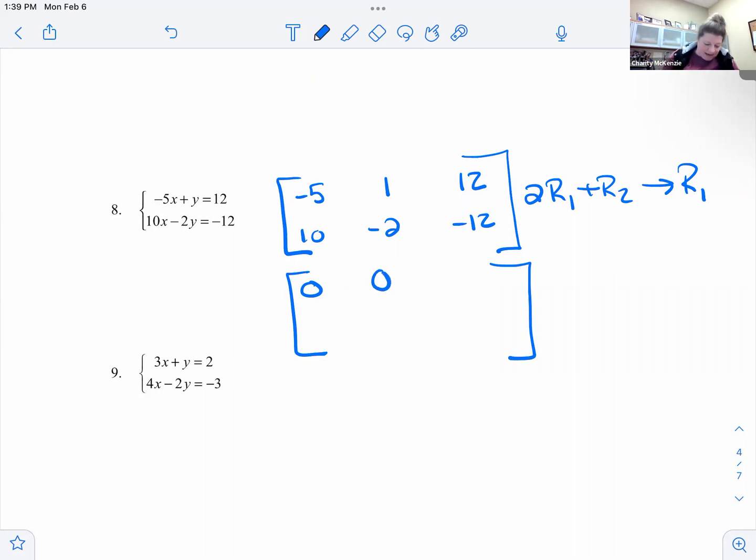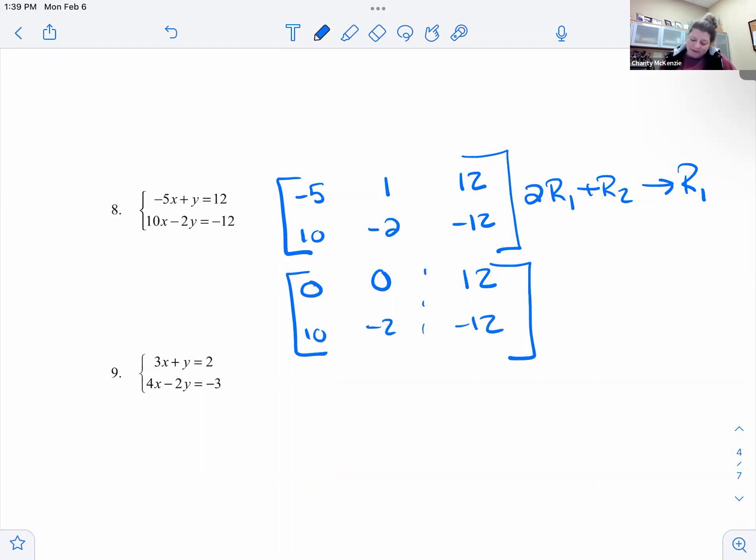So 12 times 2 is 24. Plus the -12 is 12. Do you see how I did that? So 24 here, plus the -12 is 12. Okay, and then the bottom row stays the same.